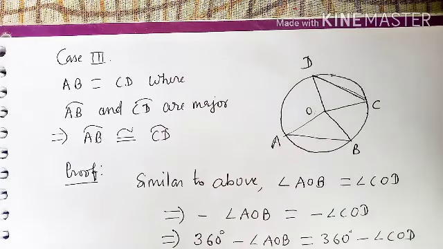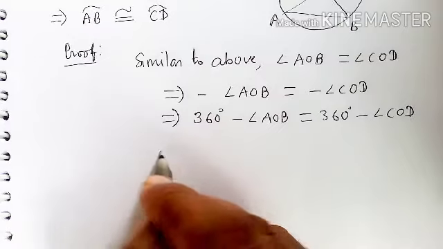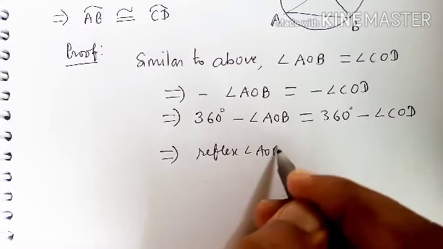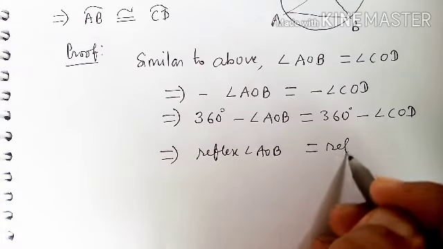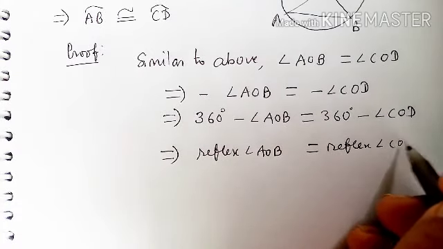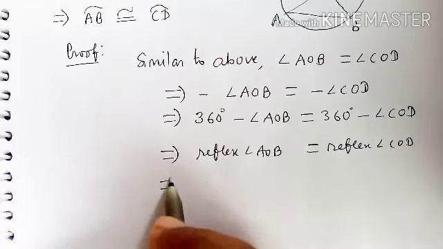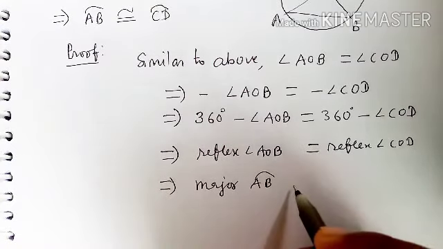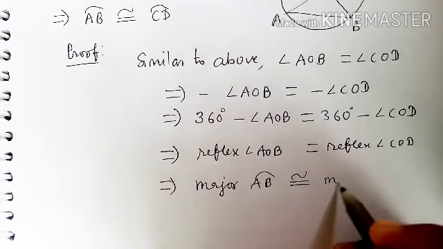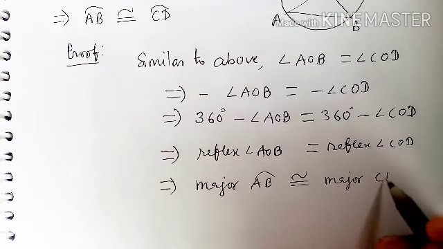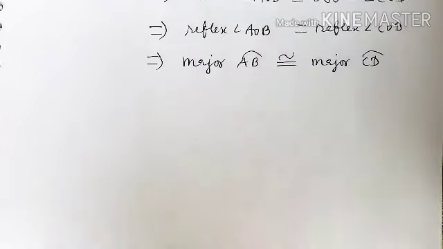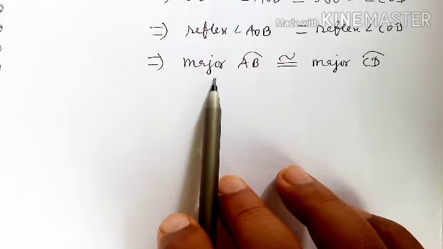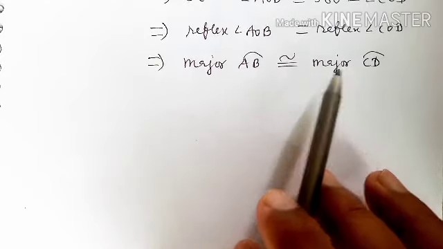You know 360 degrees minus angle AOB is equal to reflex angle AOB is equal to reflex angle COD. This implies that major arc AB is congruent to major arc CD, because we know that if central angles are equal, then their corresponding arcs are congruent.